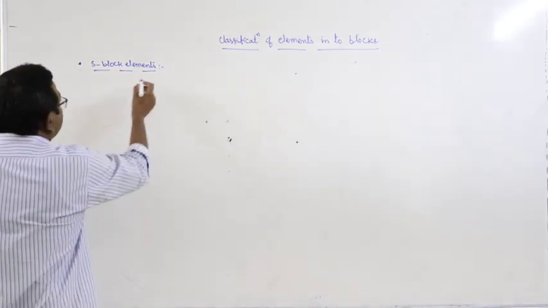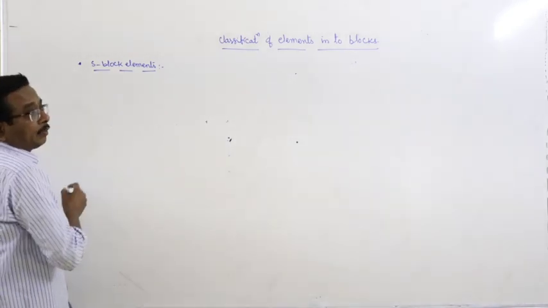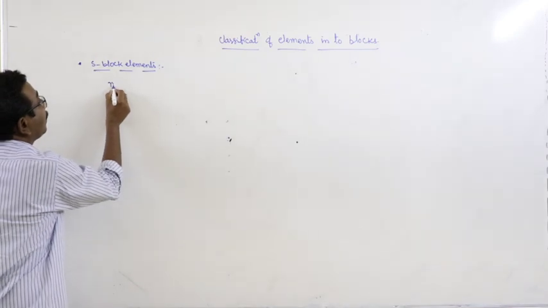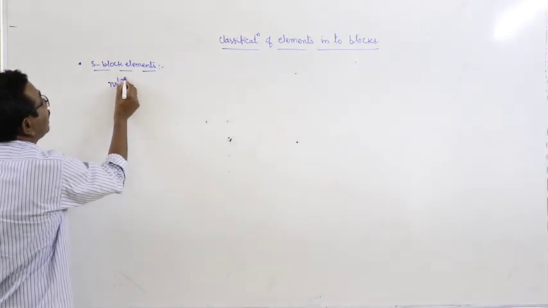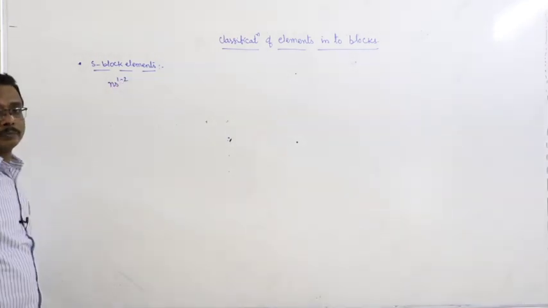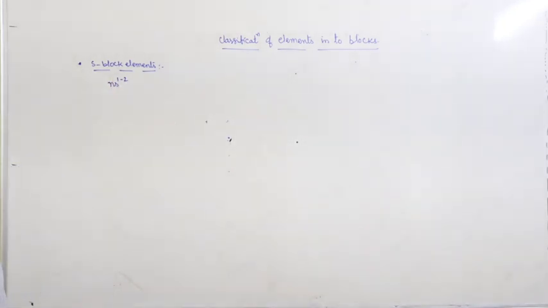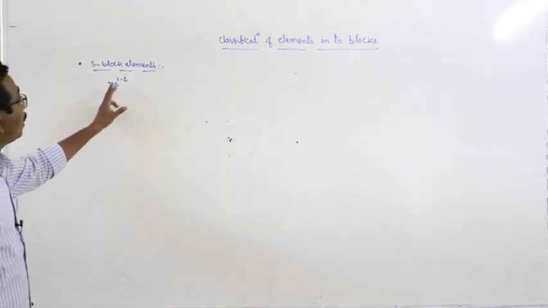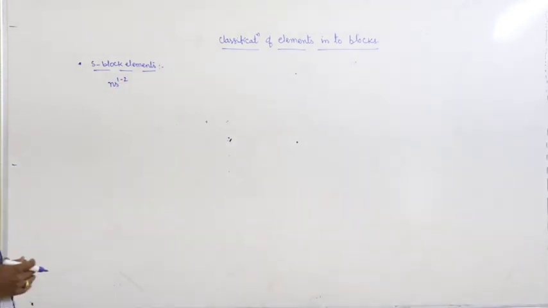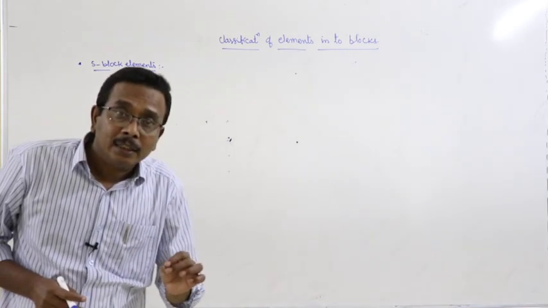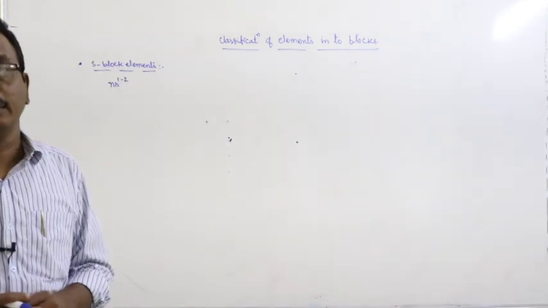Here, the general electronic configuration of s block elements is ns1-2. This is the general valence configuration actually, the general outermost electronic configuration ns1-2.